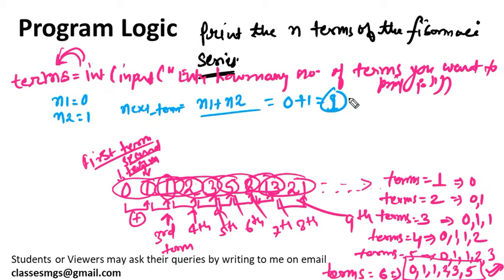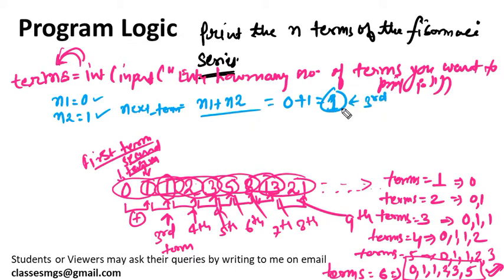Let's suppose the user wants to print 5 terms, then you need to keep on adding. So n1 is 0, n2 is 1, then the next term will be 0 plus 1, which is 1, the third term.